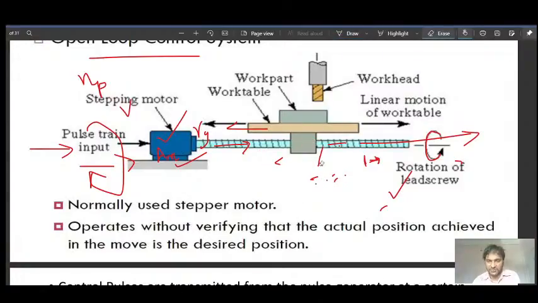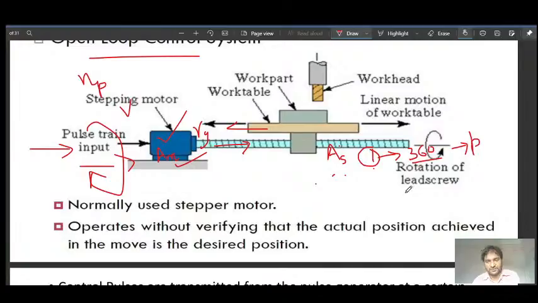So what I am telling you is how to calculate how much distance the table has moved if a particular angle of the lead screw is given. Here As is the angle. In one rotation, 360 degrees, it moves equal to one pitch value.